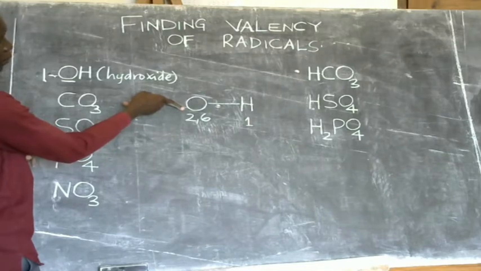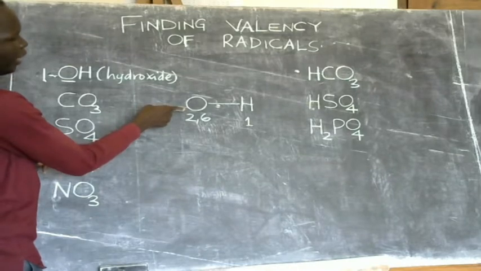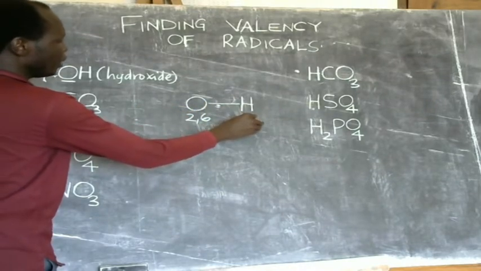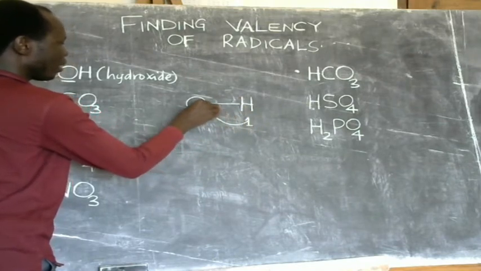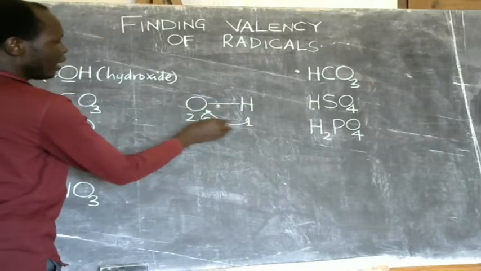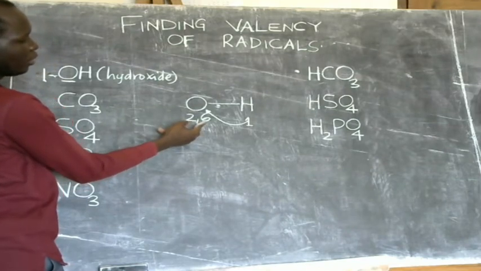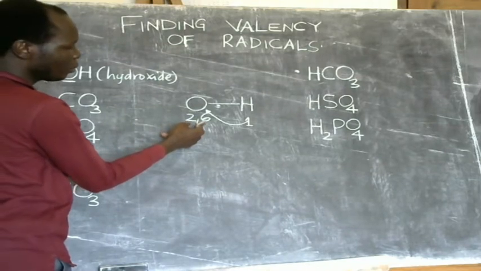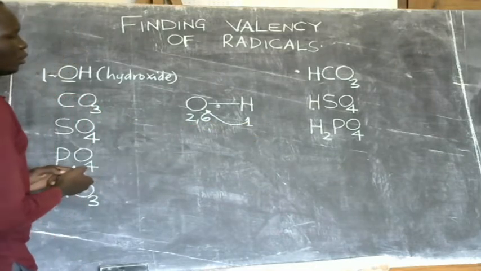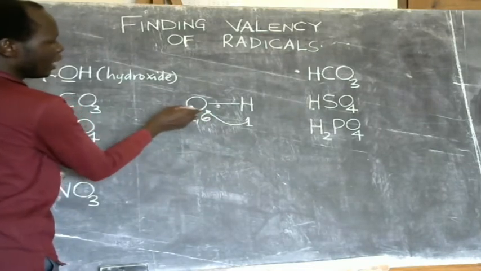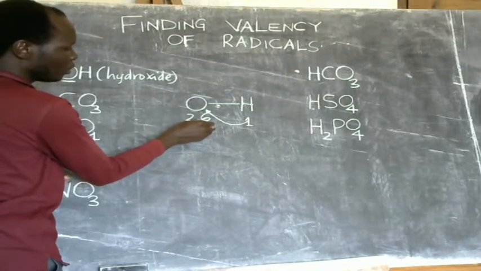Now, this oxygen gains electrons. It needs 2 electrons, and when it is gaining, that means the electron has to come from the hydrogen. Hydrogen has only 1 electron in its structure, so it gives the 1 electron to oxygen, and still oxygen needs 2 electrons.